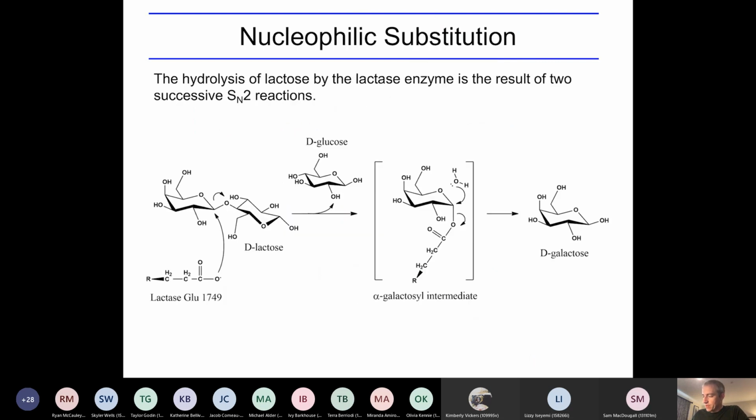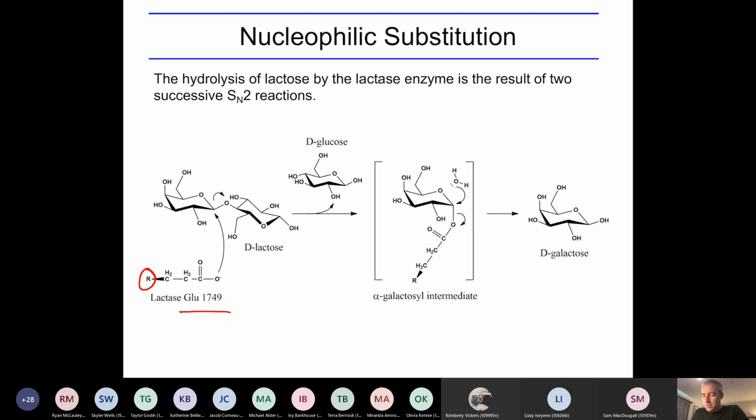Perfect. We're doing great. Here's an example of an SN2 reaction. If anyone out there is lactose intolerant, it's the fault of not having enough SN2 reactions in your body. There's an enzyme called lactase, and lactase has a residue on it. We call it a glutamate residue.